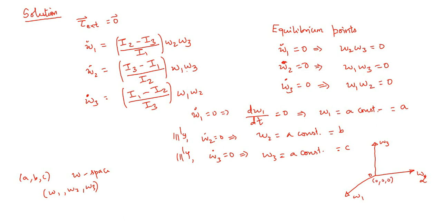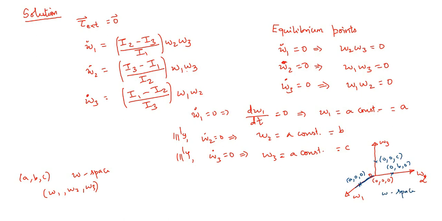Therefore any point on the omega 1 axis can be represented as a comma 0 comma 0, any point on the omega 2 axis as 0 comma b comma 0, and any point on the omega 3 axis as 0 comma 0 comma c. So this is in the omega space.